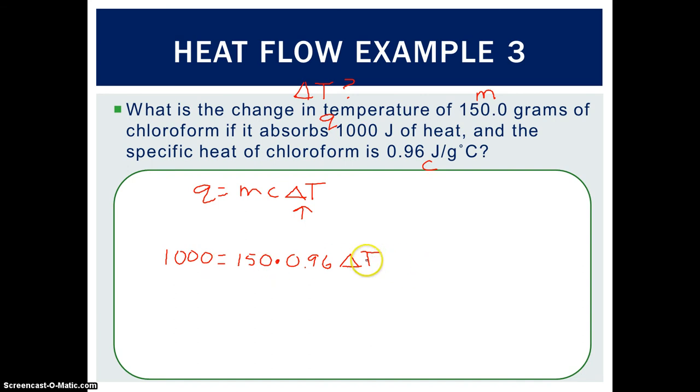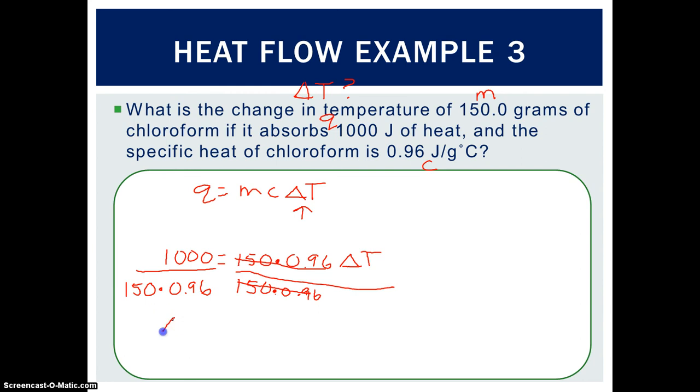To solve for delta T, because it's being multiplied by these two numbers, I need to divide by these two numbers. Whatever I do for math on this side, that cancels this out, which is my goal. Whatever I do for math on this side, I also have to do over here, 150 times 0.96.